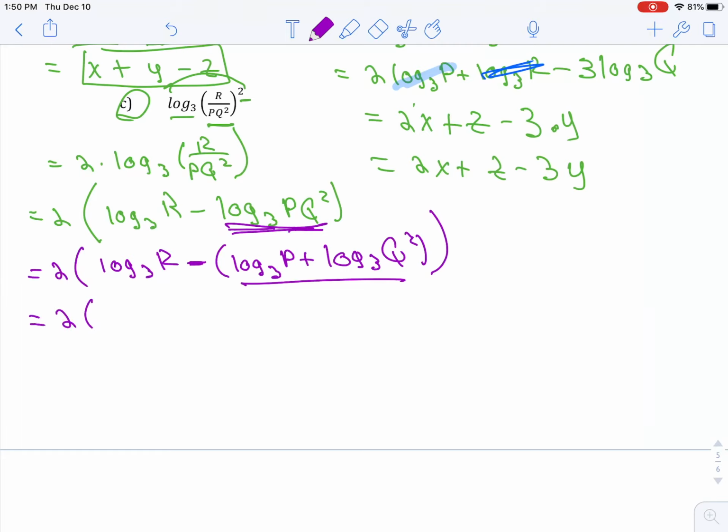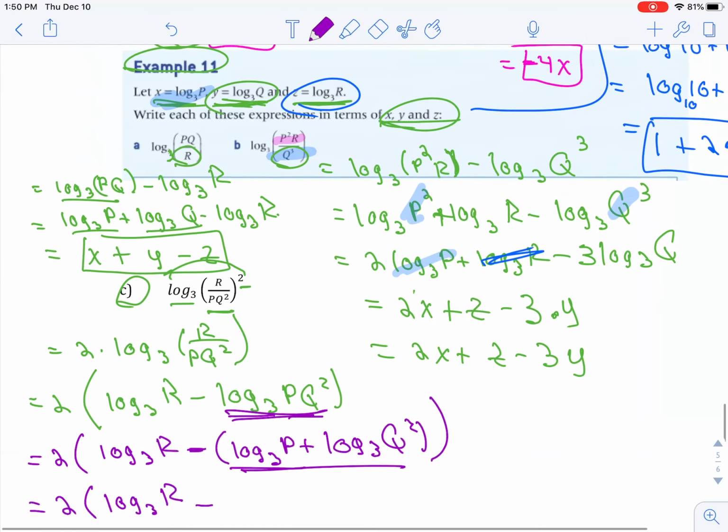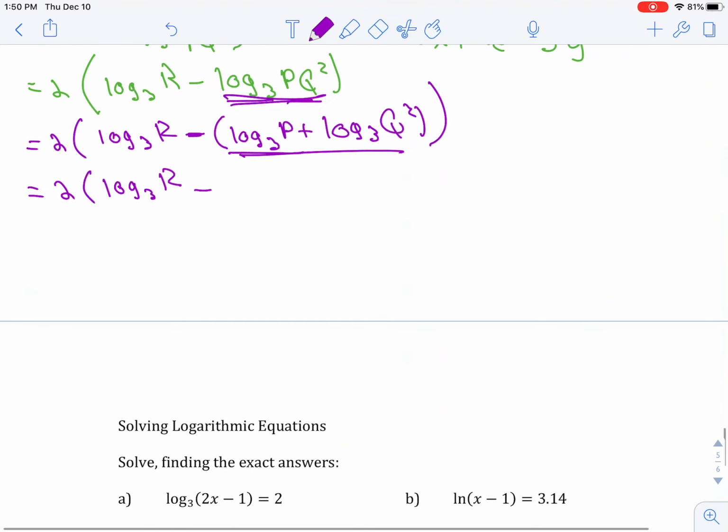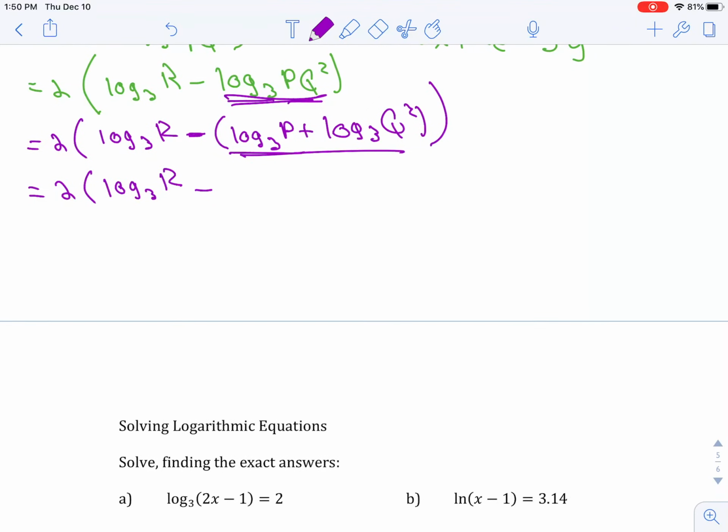So this becomes 2 times log base 3 of r. Then minus log base 3 of p is x, so I get minus x. And when I distribute the negative here, I'm going to have minus, and then the 2 can come in front. I'm doing several steps at once, so I get 2 times the log base 3 of q.